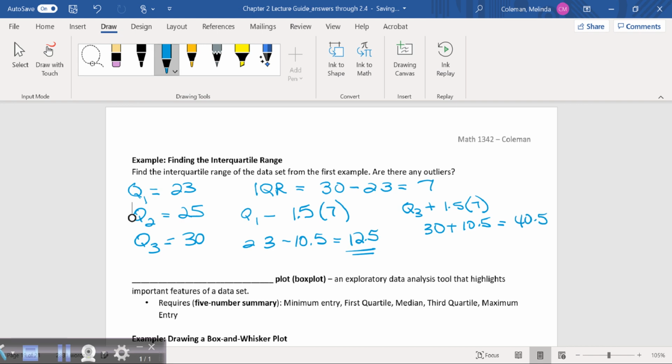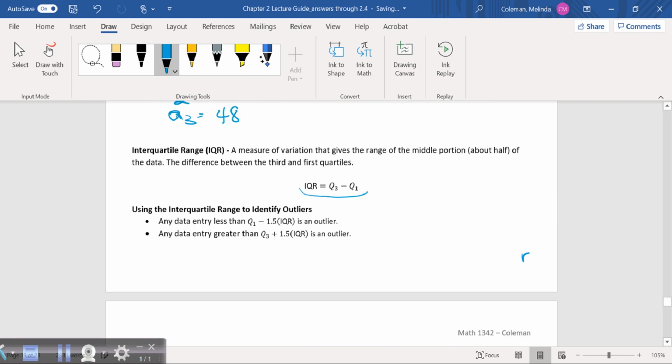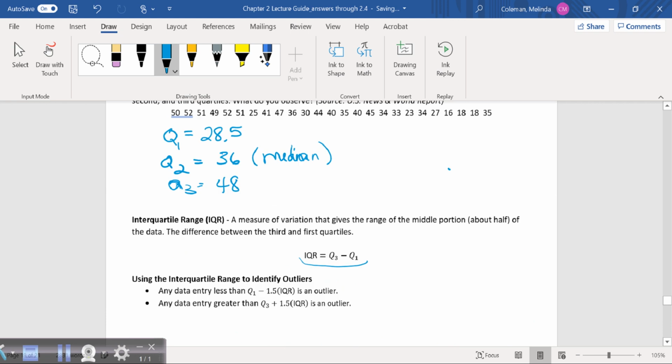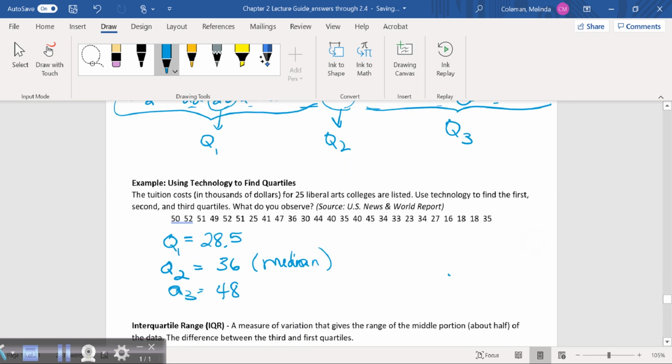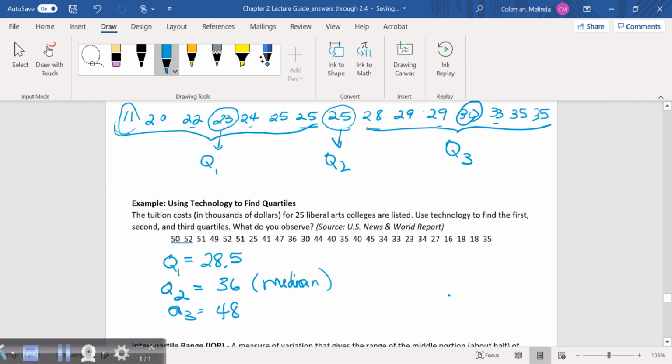So now anything less than 12.5 or greater than 40.5 is an outlier. So if I look at my original data, there is nothing larger than 40, but there is one number less than the 12.5.